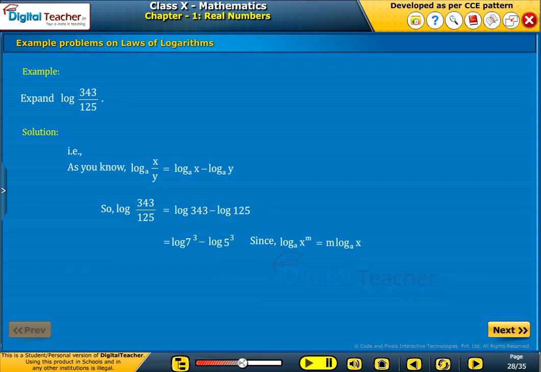Since log x power m to the base a is equal to m log x to the base a, the given expression is expressed as log 7 power 3 minus log 5 power 3, which is in turn equal to 3 log 7 minus 3 log 5. Therefore, log 343 by 125 is equal to 3 of log 7 minus log 5.